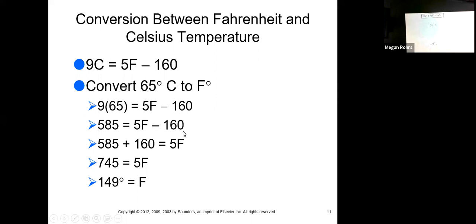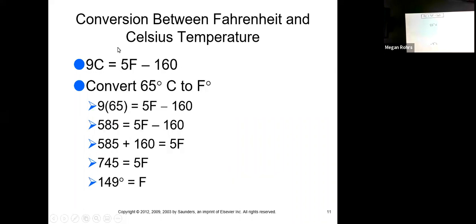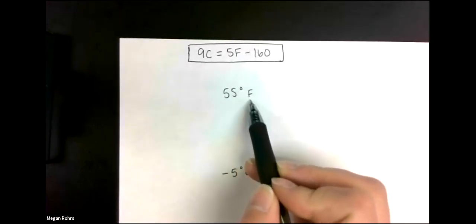So I'll go through some examples so you can see how this works. Like I said, there are other equations you can use, but I'm just going to focus on using this one here. So let's go through some examples together. In this one, we have 55 degrees Fahrenheit.